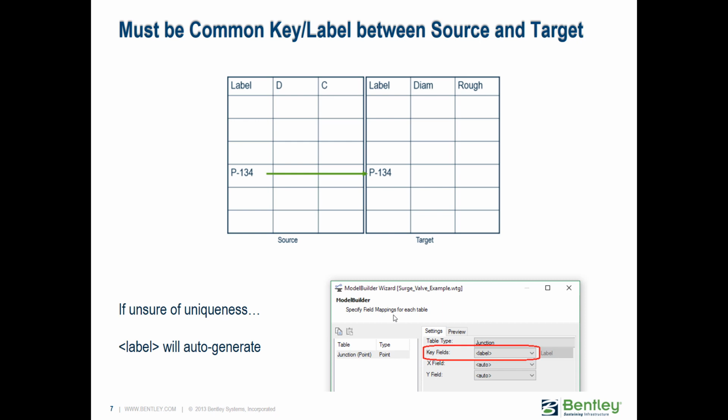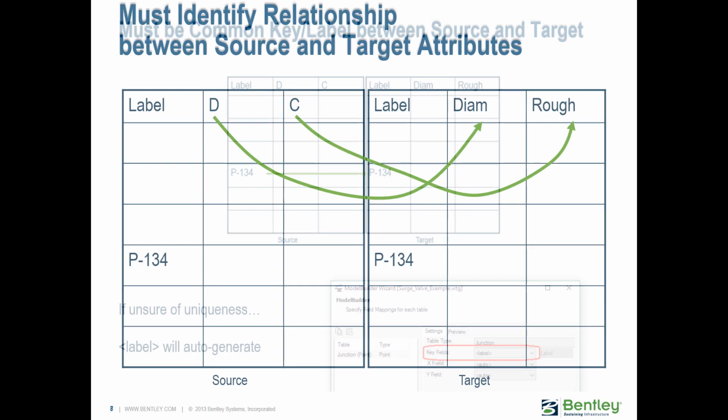It's circled in red there. If you choose that, then Hammer will automatically generate unique labels. They're automatically generated labels that will basically guarantee uniqueness. So if you don't have a column that has unique labels, you can always use that. I mean, it won't have the labels that you may want, but they will be unique.